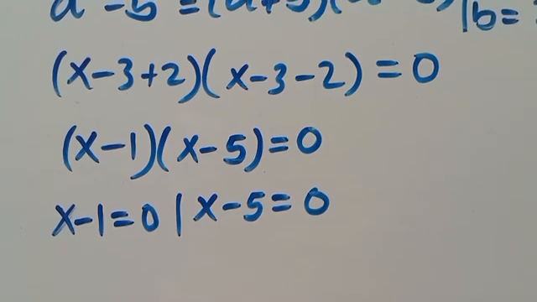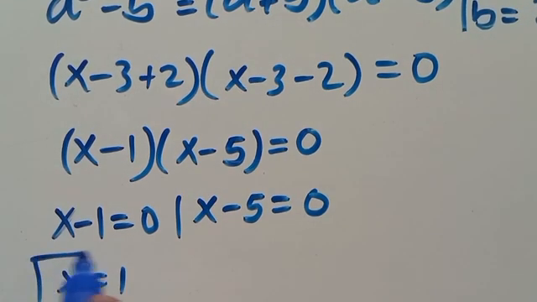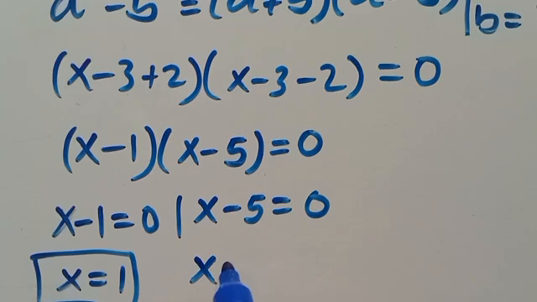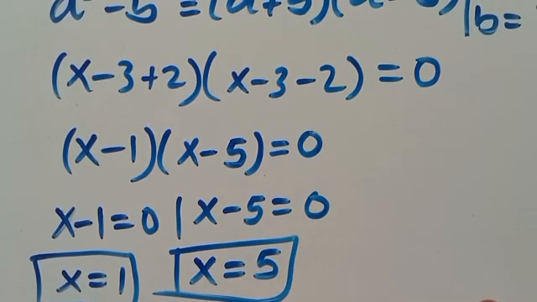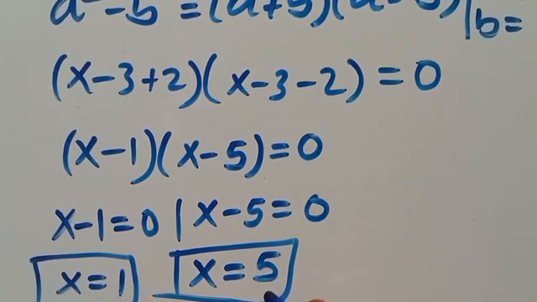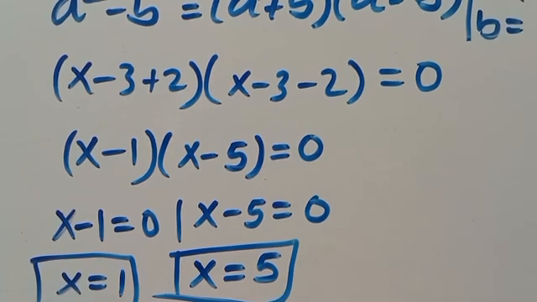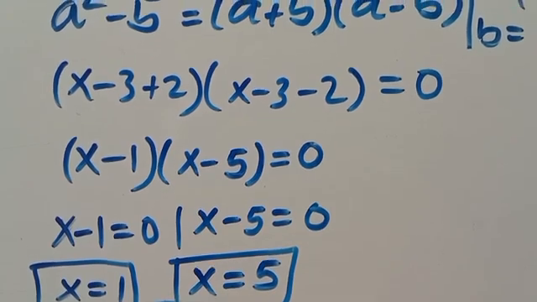And so therefore, we have x to be equals 1. And likewise from here, we have x to be equals 5. Meaning that this x equals 5 justifies the previous solution, while x equals 1 is another solution for the problem given to us.